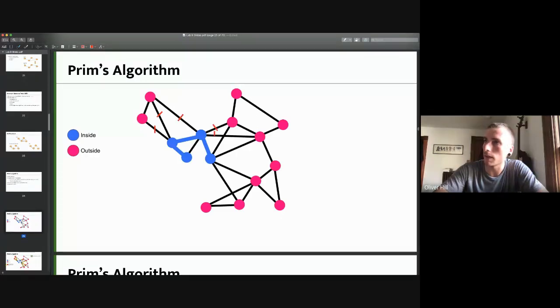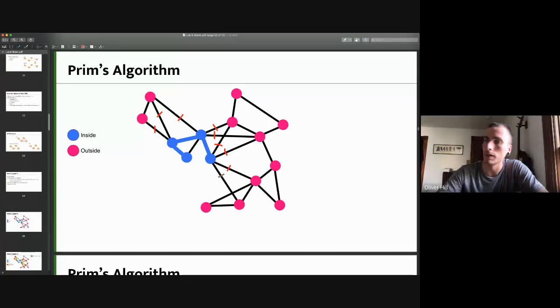We'll look at that one. We're going to look at this one. That one. And this one. Because these are all the edges that are connected to our current partial MST. We'll go over how we begin the algorithm in a second.